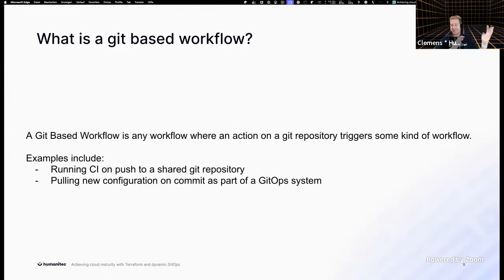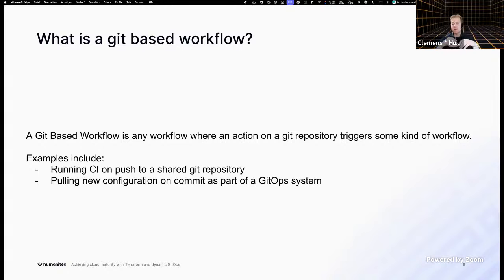So in contrast, there is something that we like to call a Git-based workflow. The Git-based workflow is literally any workflow where an action on a Git repository triggers some kind of workflow. Software development is usually driven by Git-based workflows.